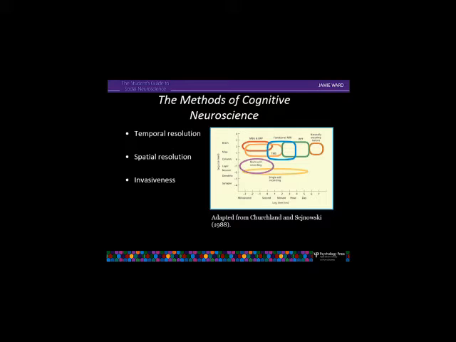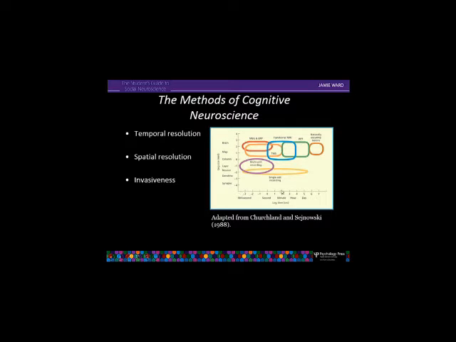So the methods of cognitive neuroscience can be divided according to their temporal resolution, so their ability to detect things happening in time, and their spatial resolution, their ability to detect things on a large scale or a small scale. So here, this is our spatial resolution, temporal resolution.